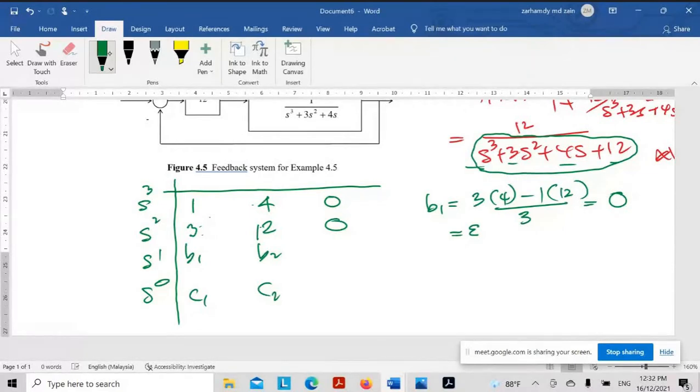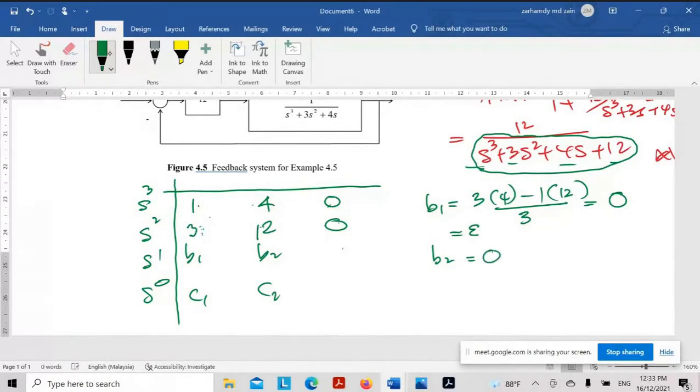Basically in the real situation it is 0, but we just use epsilon temporarily. So now we have B2. B2 is B1 multiplied by 0 minus 3 multiplied by 0, over 3.